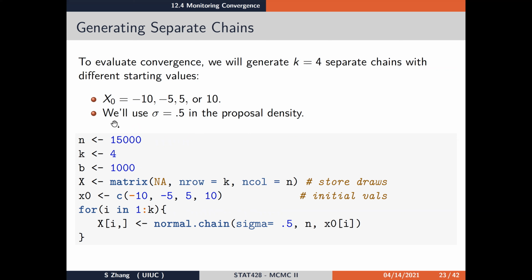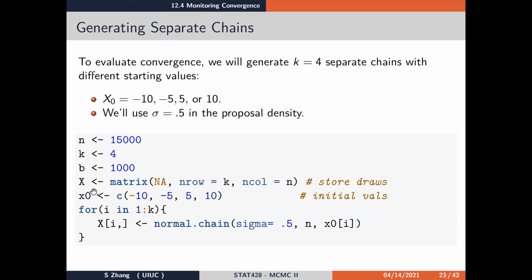And for simplicity, we will just use a proposal standard deviation of 0.5 for this example. Let's do a total of 15,000 MCMC iterations for the chains, and we'll specify b equals 1,000, indicating that later on when we create plots and other things, we want to toss away the first 1,000 draws.